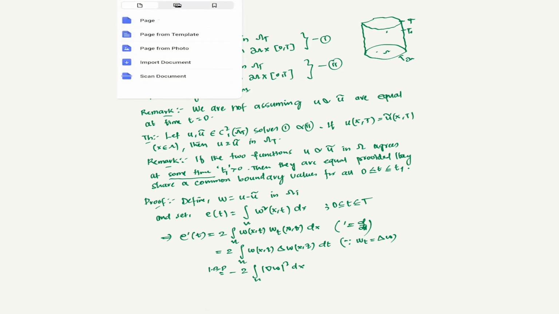Now we are going to take another derivative. As I told you, E(t) is thrice differentiable, so I can talk about E double prime of t. What is E double prime of t? There is nothing to do here, so let me just write it down. It is the integral of gradient of w_t dot gradient of w.